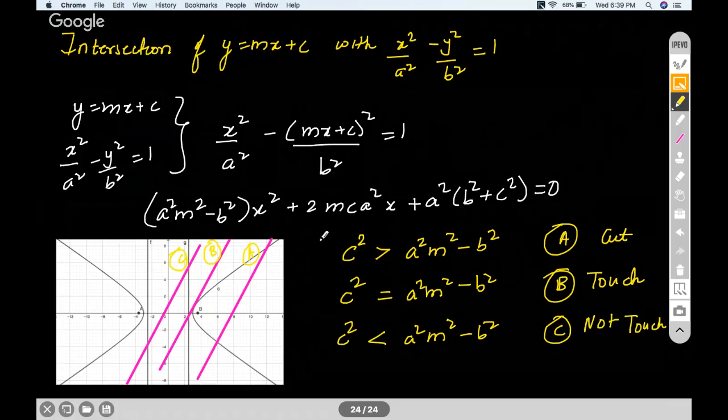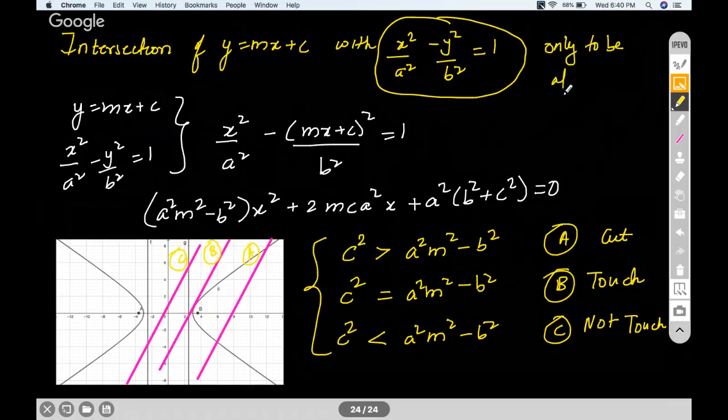And please remember, these conditions are very much specific to this hyperbola only, to be applied only on the standard case. If your hyperbola changes, your situation will also change.